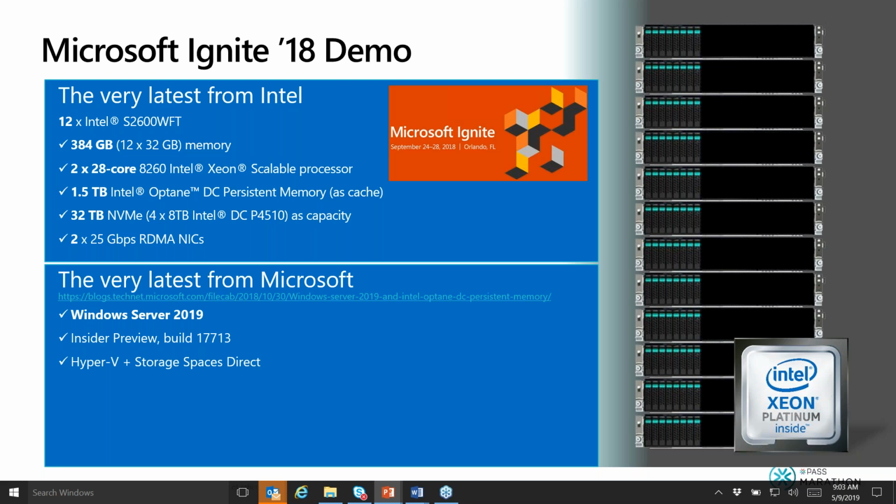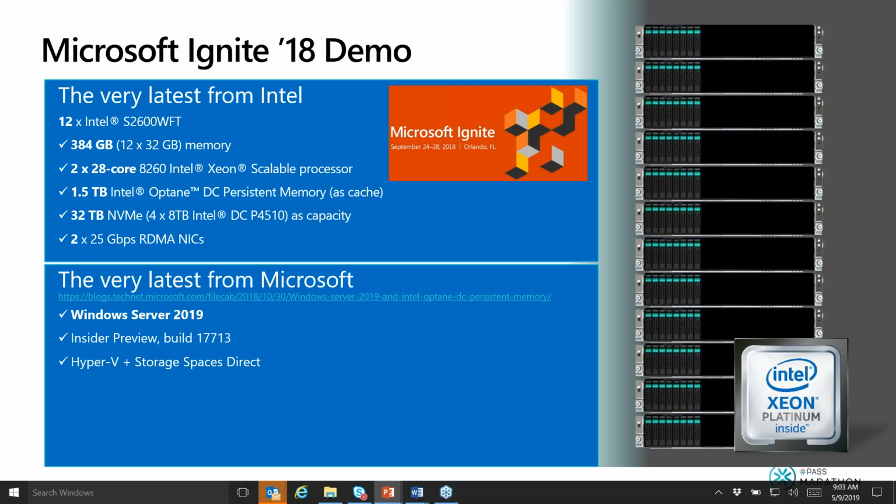We took our very latest Intel second generation processors. We took 384 gig of Samsung memory, our good partner. We took two 28-core 8260 Xeon Scalable processors, 1.5 terabytes of Intel Optane data center persistent memory as cache, 32 terabytes of NVMe, Intel Data Center P4500 TLCs as capacity.